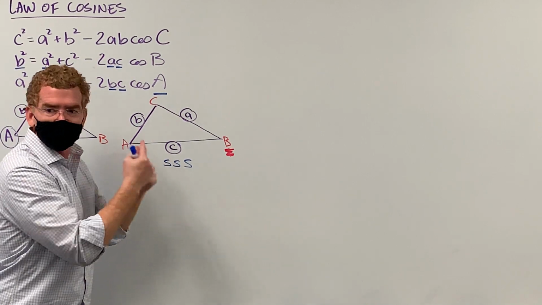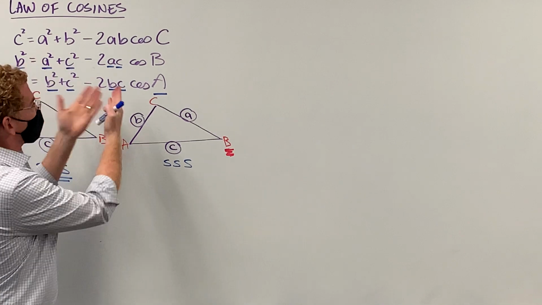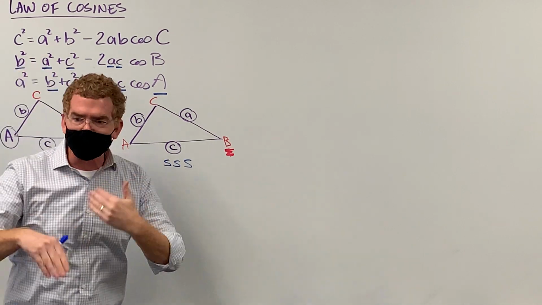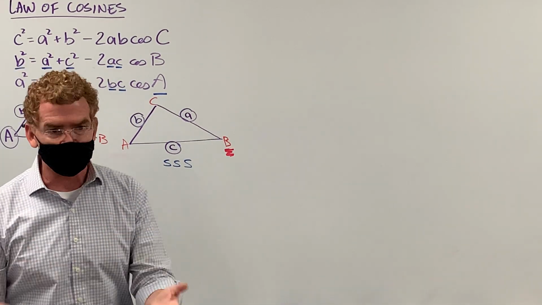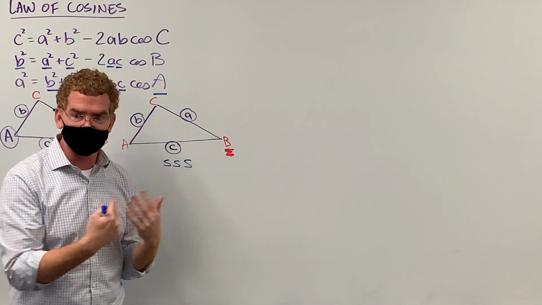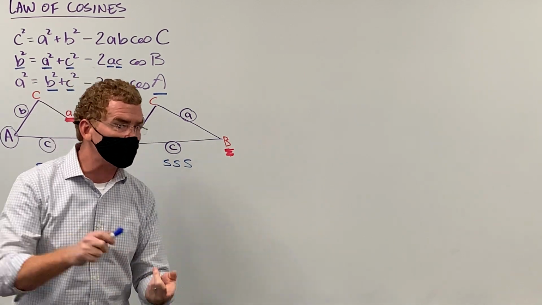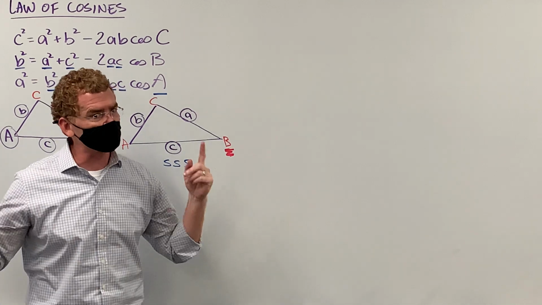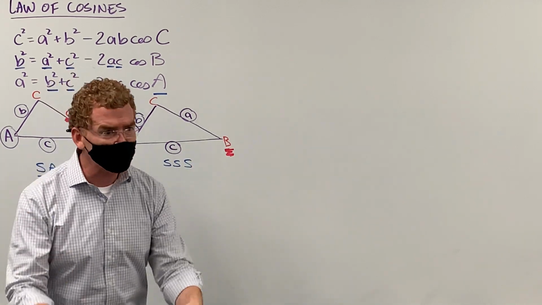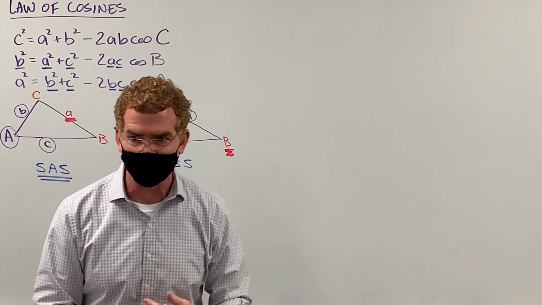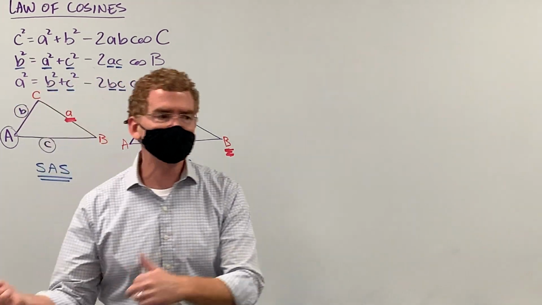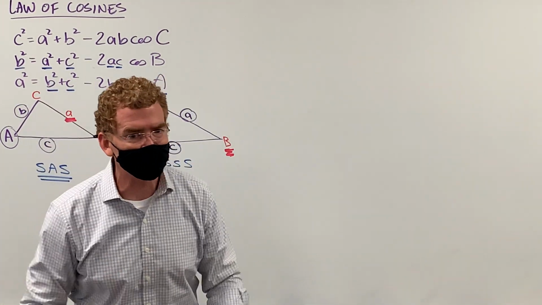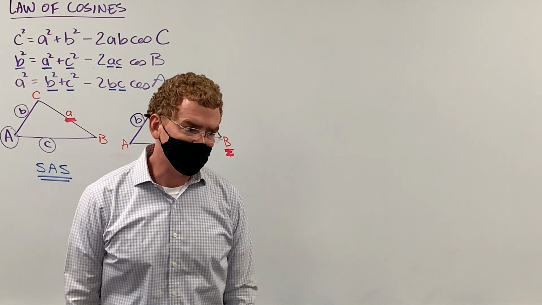Law of cosines will not lie to you because it's using inverse cosine. And when you're solving for angles, you get into trouble sometimes using the two formulas we're talking about today, because one of them is law of cosines, but one of them is law of sines. And law of sines, when you're finding an angle, guess what you're going to have to do? Inverse sine. And what does inverse sine limit you to? Negative 90 to 90.